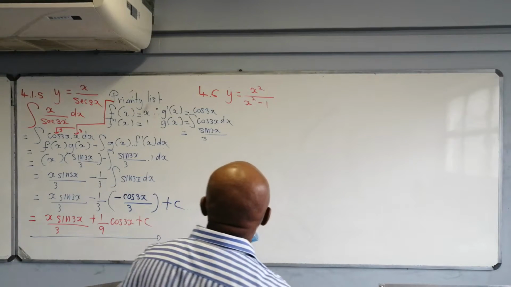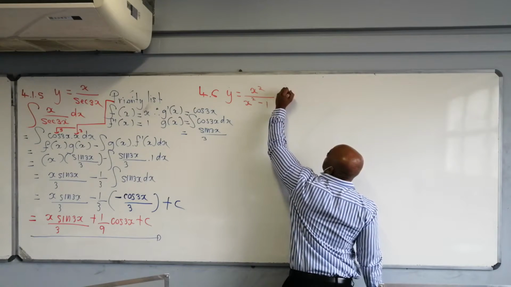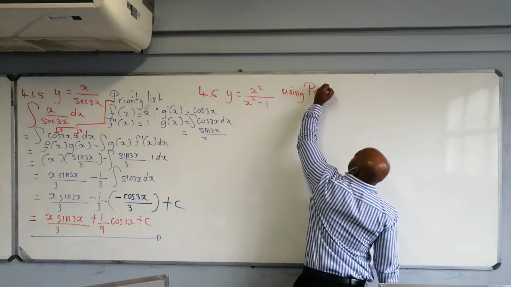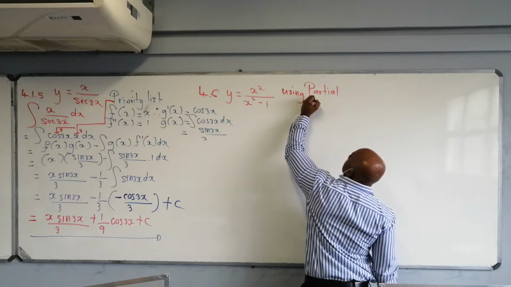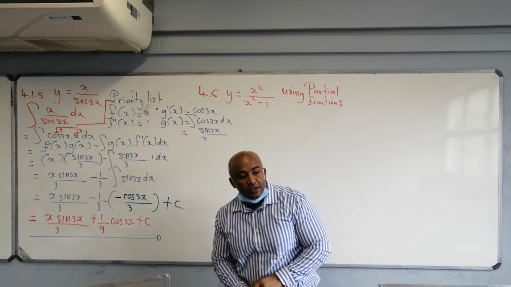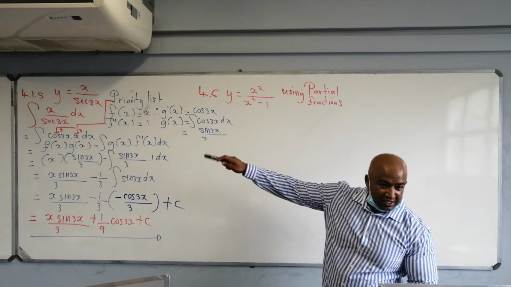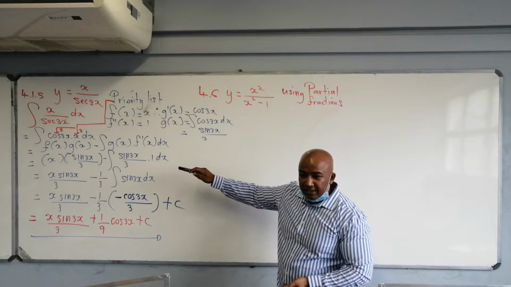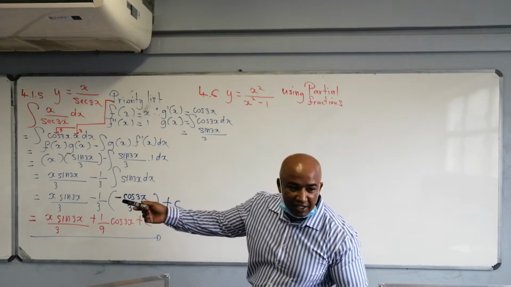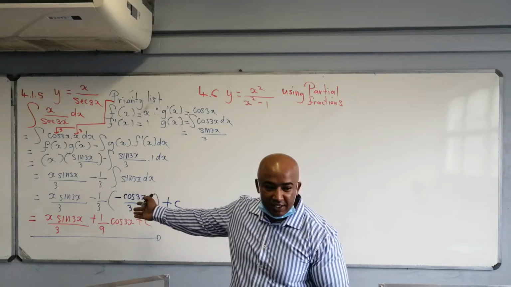Alright, so the next question, 4.6. You were told to use partial fractions. Now for partial fractions, similar to the previous example: the previous example was a fraction, but we did not have to use partial fractions because after we used long division, everything was simple to integrate.